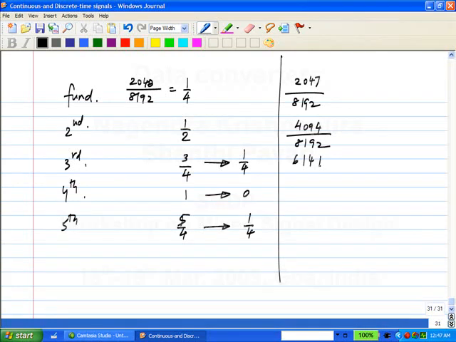And where will this alias to? 2051 by 8192. It will be very close to this, but not exactly the same as that. That is the point. Whereas here, this is exactly the same as that one.